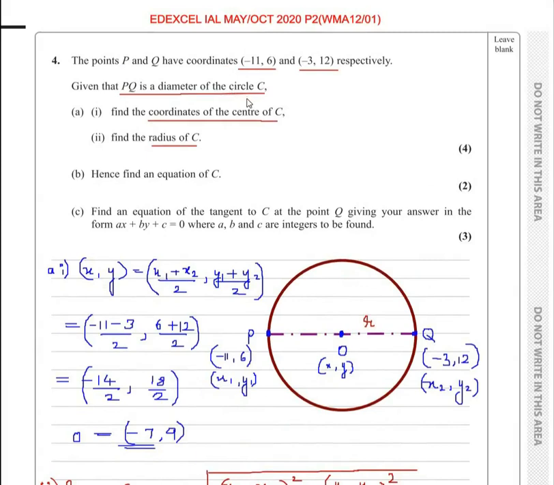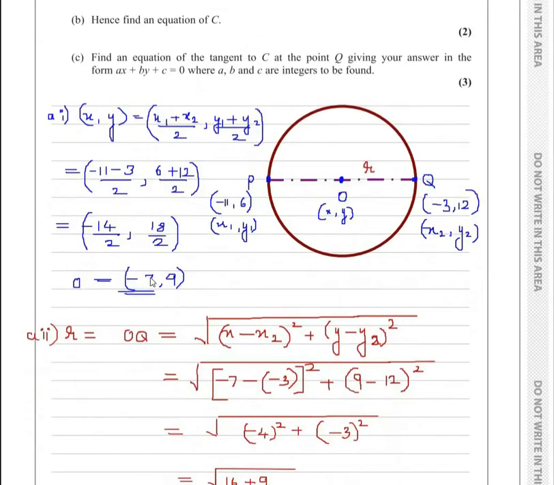So C is a circle. We need to know the equation of the circle. And we just found out the center of the circle is negative 7, 9.